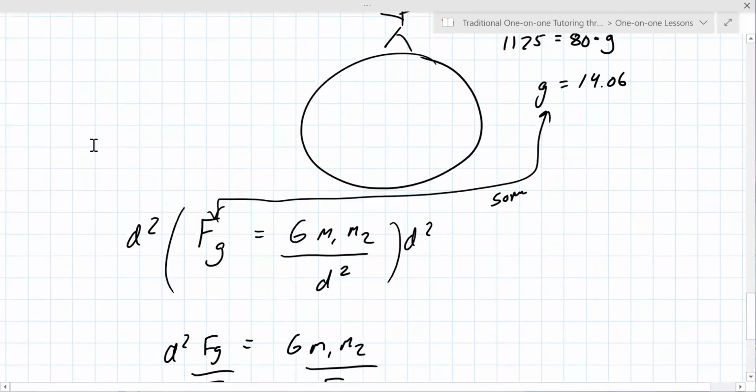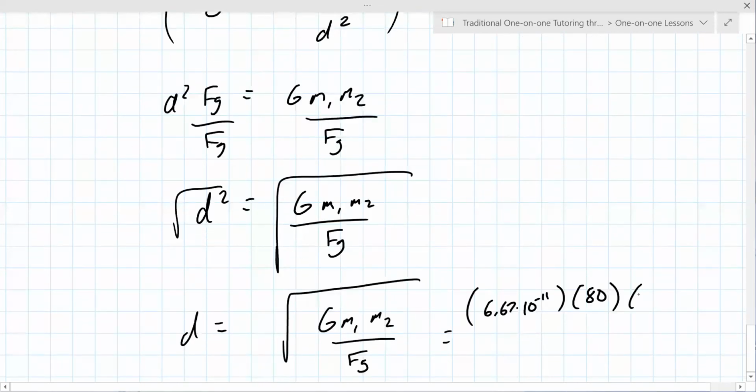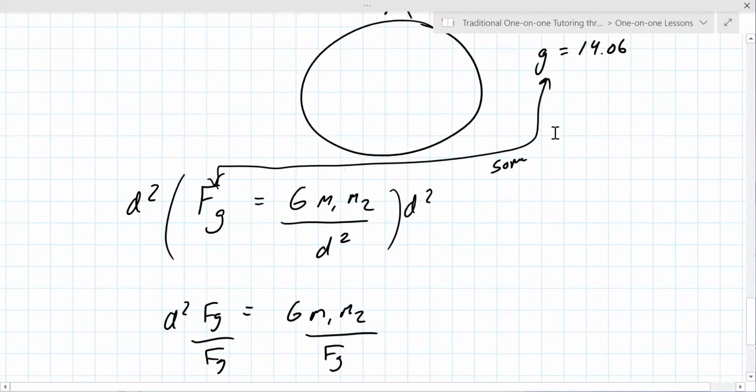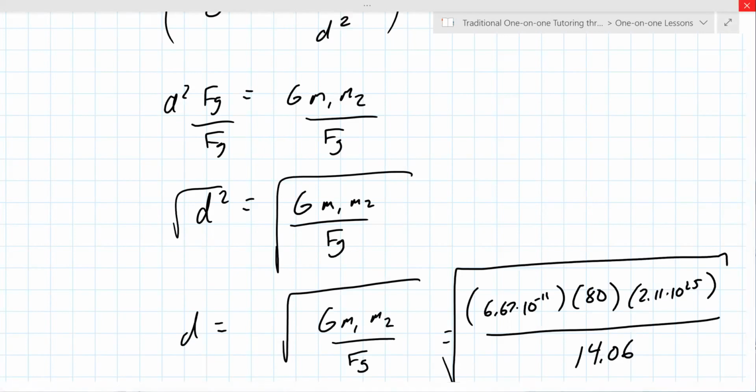So the mass of the planet is this 2.11 times 10 to the 25th. And the force of gravity, well, we need that, and we calculated that to be the value 14.06. Take the square root of all that.